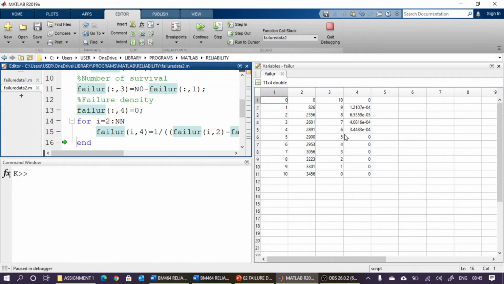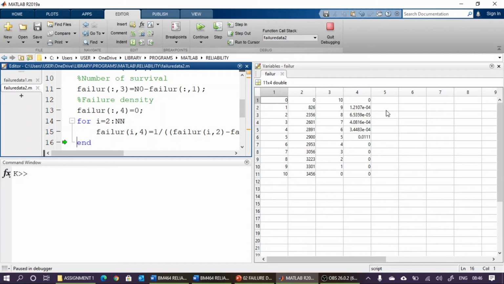So we have 0.0003. Now the next one is 1 divided by 2900 minus 2891, so this is a small value, into 10. Initial population is 10. So we have 0.0111.